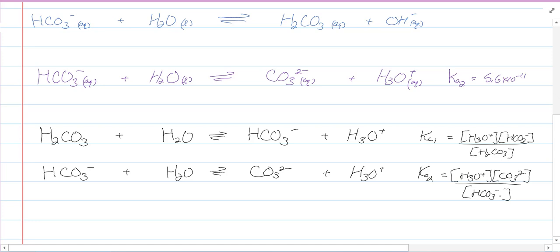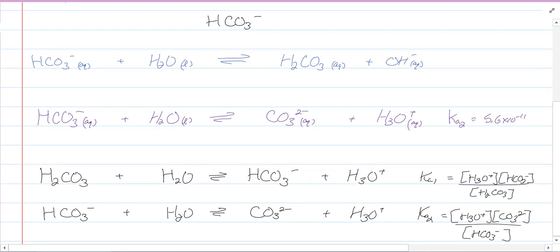So knowing those two expressions for purple here, we got Ka2. That's the same reaction for Ka2. I wrote it the same way. For blue, this Kb happens to have H2CO3, hydroxide, and HCO3 minus.